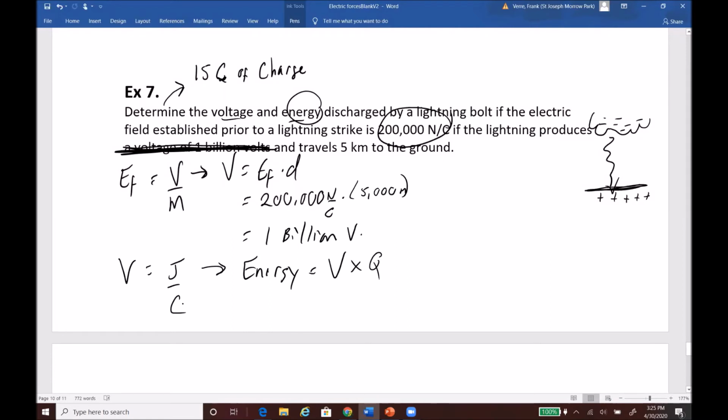Because this is your voltage, this is your charge, and this is your energy. So the amount of energy released from this lightning strike would be the voltage, which is 1 billion, or 10 to the 9 volts, times the amount of charge, which is 15. So that would give you 1.5 times 10 to the 10 joules.